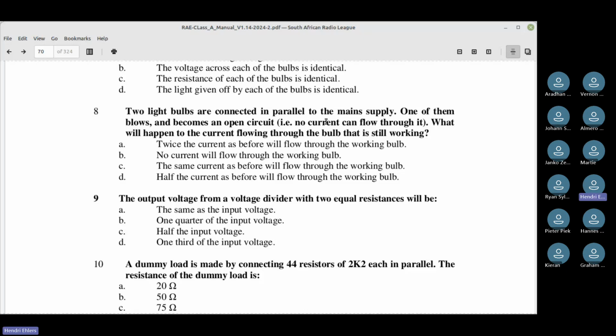But in the parallel circuit, because you're basically just taking one light away, the other light can't draw more current and it will not get brighter. Of course, I must add that we assume that the power supply is sufficient to drive both. So in other words, the supply can handle it with ease. Then the supply's load will halve, but the remaining lamp will just continue drawing the same current and will just continue shining. So the current will not increase through that lamp.